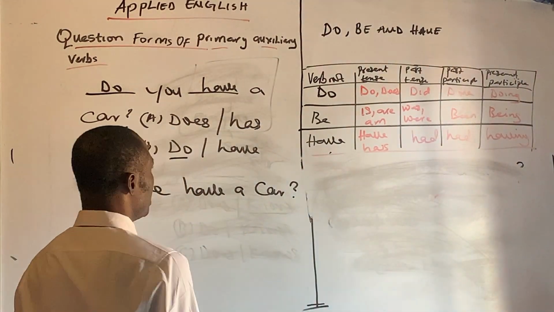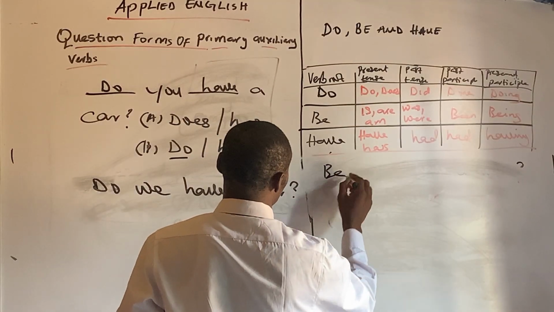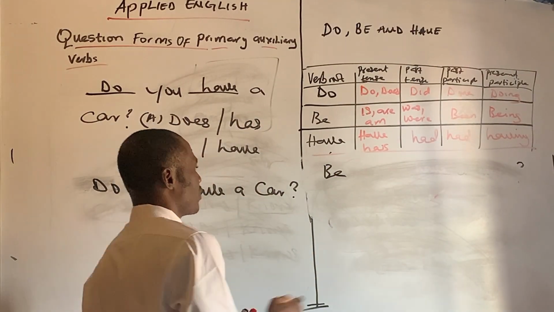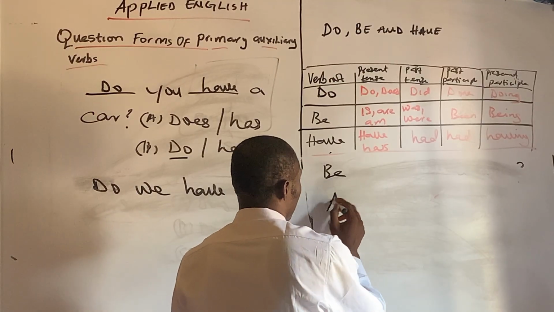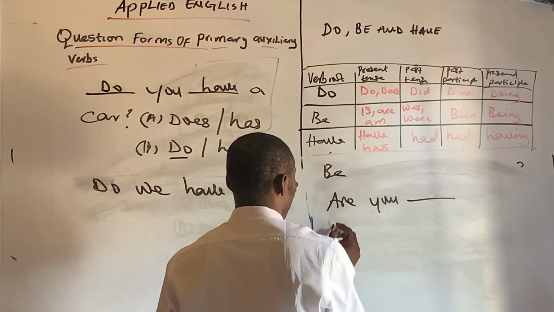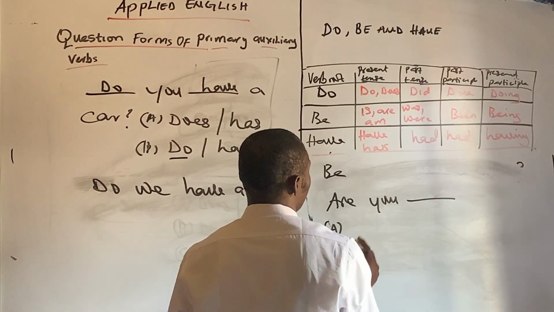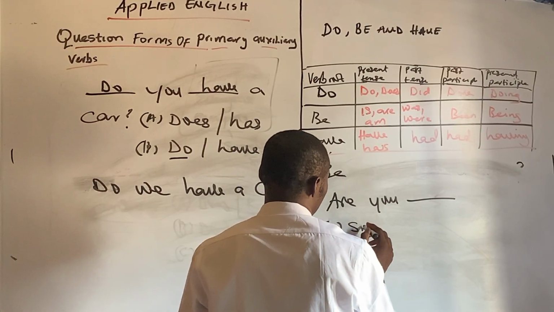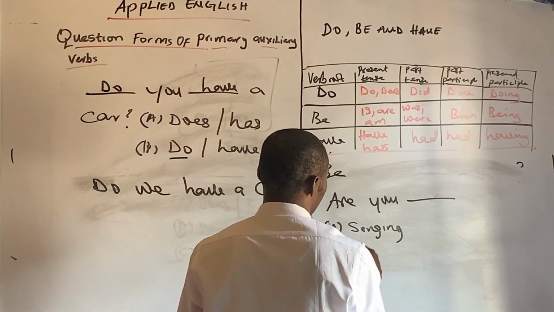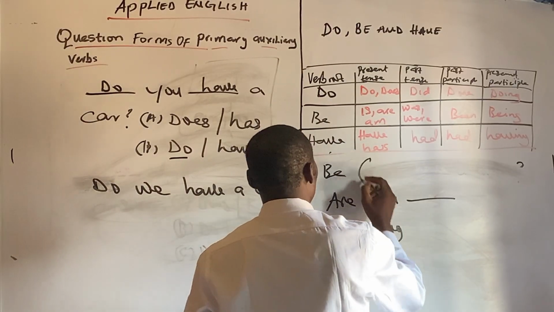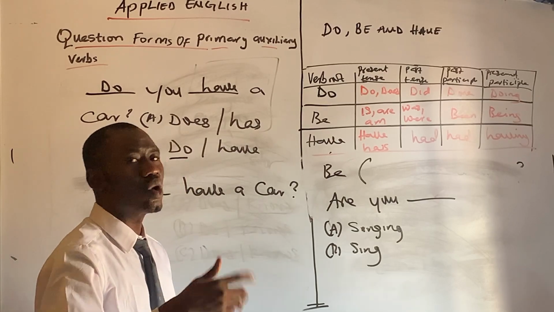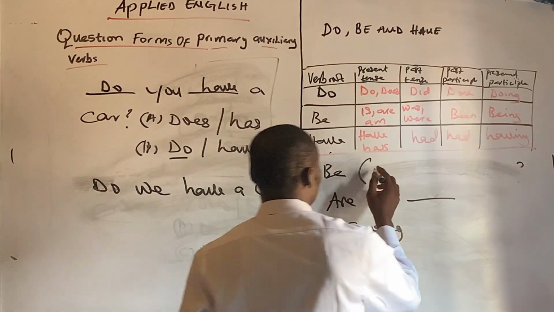The next one is B. Now, for B, if you say "are you dash A singing, B sing." For the verb be, it is used in a continuous or a progressive form.